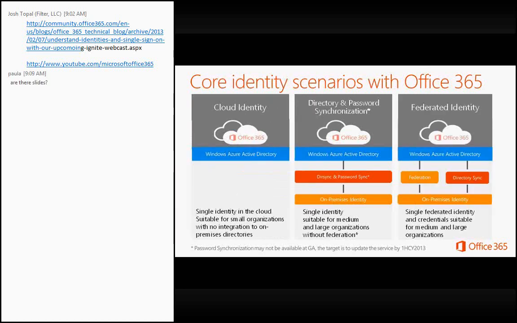And the final scenario is the typical scenario that I've been working with a lot of customers around, certainly over the last few years, which is ADFS, Active Directory Federation Services, where we would typically have the ADFS, and some proxy servers that sit in the DMZ, and your ADFS internal servers would talk directly to Active Directory, and then we would have a separate directory sync up into Office 365.